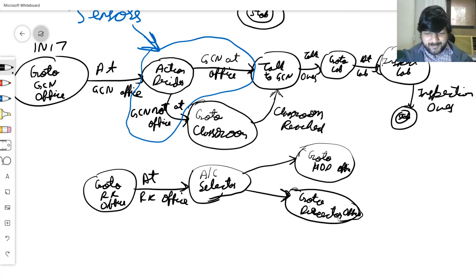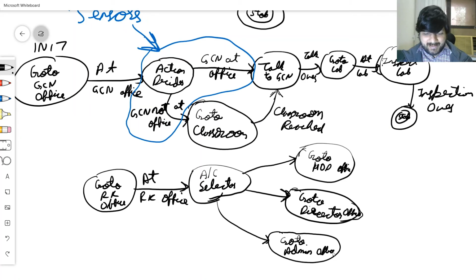I also have an unsettled profile, in which case I can report directly to the director. Or, of course, the third thing that I ask the peon to do is to deliver some papers at the admin office. Let me not tell you the actual name of this office so as not to create problems and controversies.